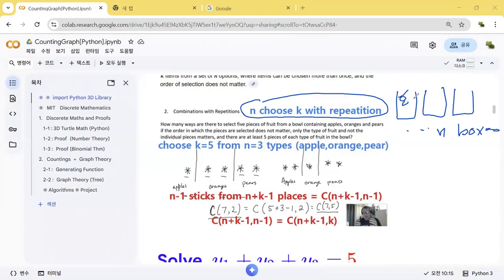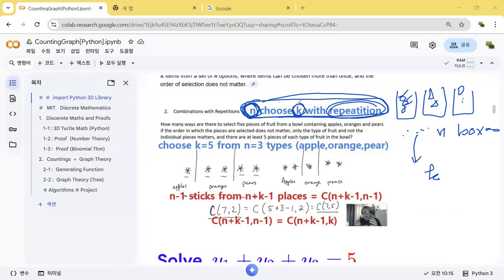This is the apple, and this is a banana, and this is a pear, and like this. So from these n boxes, just choose k objects. Okay, so in this case, you can choose k apples. Also, you can choose k bananas. So repetition is allowed. So n choose k with repetition means there are n types of fruit. Then just choose k from the n types of fruit.